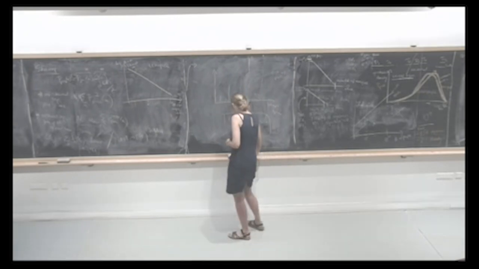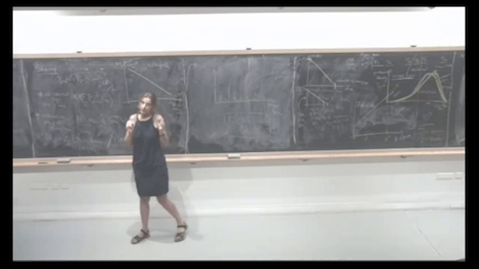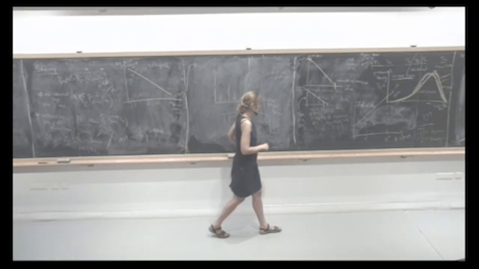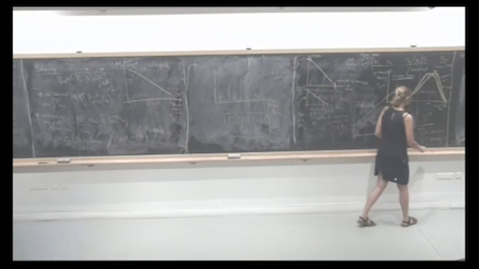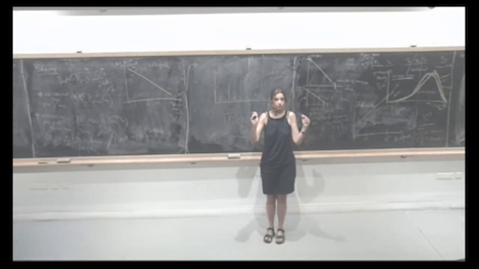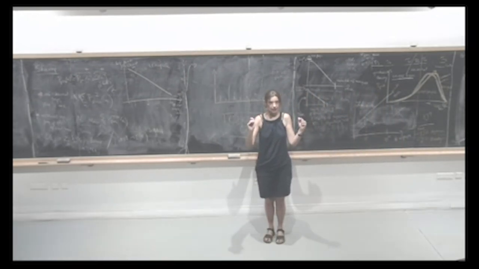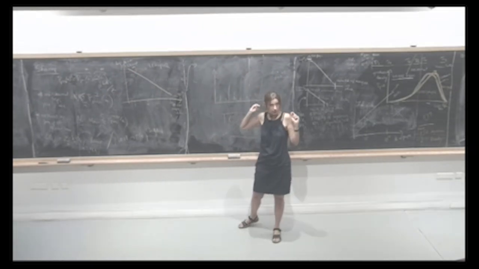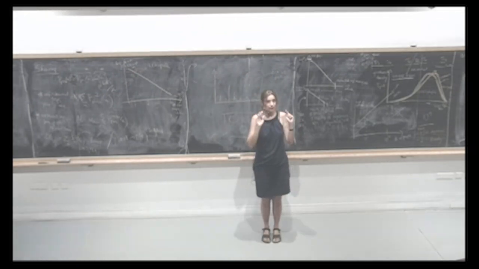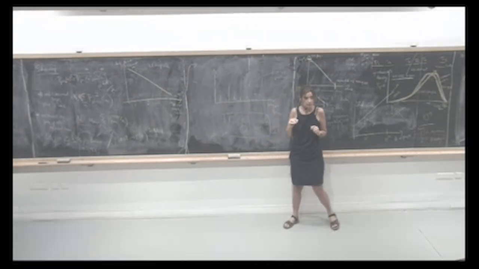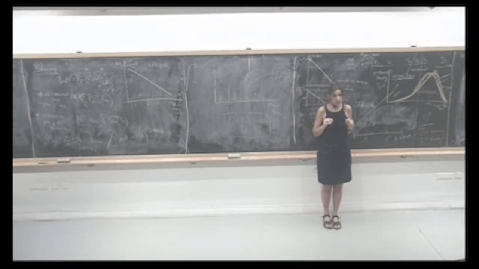Now the question is, how do I place my immune receptors in such a way as to maximally cover the pathogen space? I have a finite set of receptors. I can't just do this, right? I can't draw a high line somewhere, right? So I want to match this as closely as possible. What do I do?